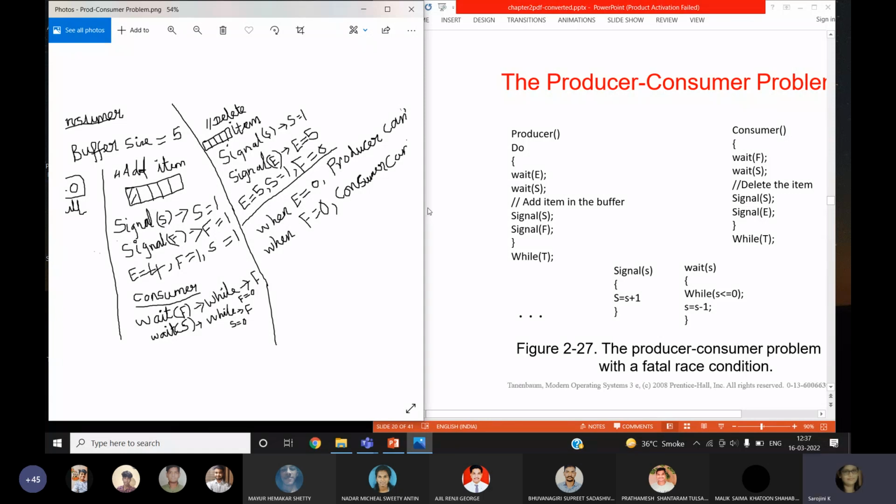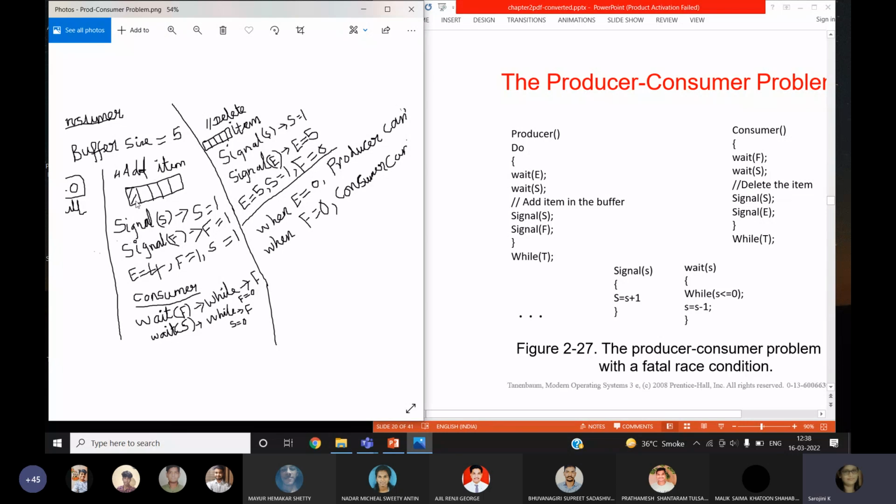So this is the algorithm, which is called the producer-consumer algorithm. Here, addition can be done by more number of processes if the buffers are empty. But at a time, when one producer is there, the consumer cannot enter. When a consumer is there, the producer cannot enter. Why is it so?